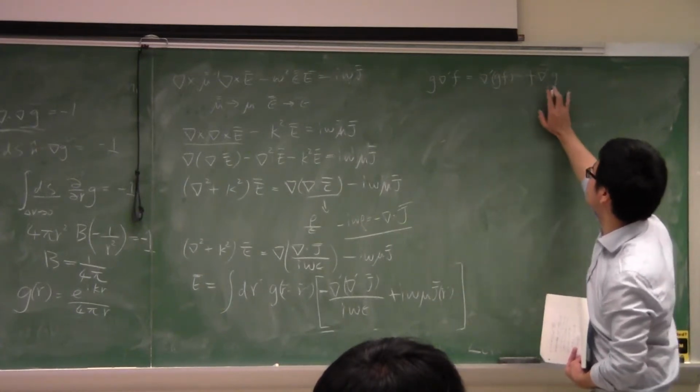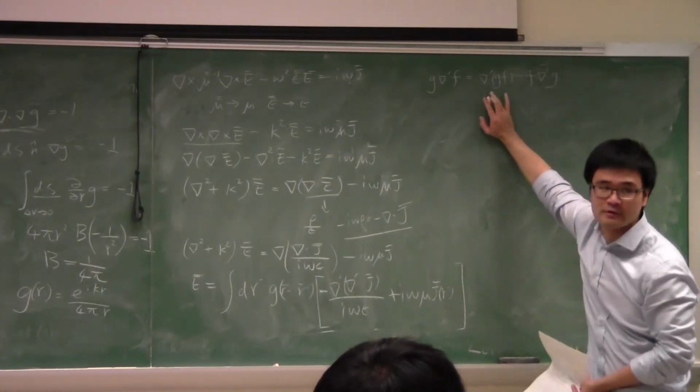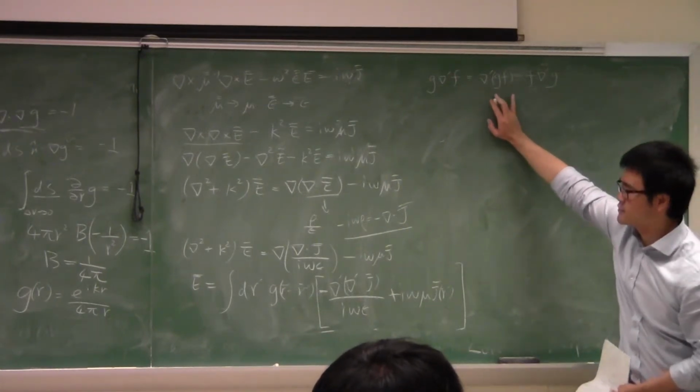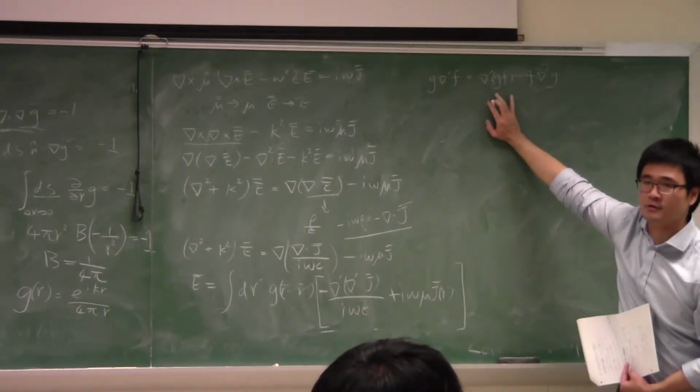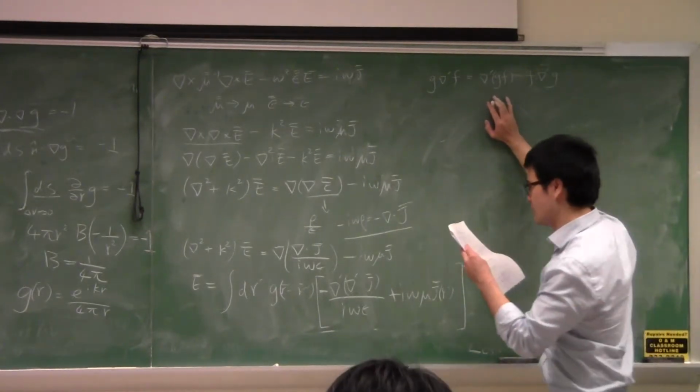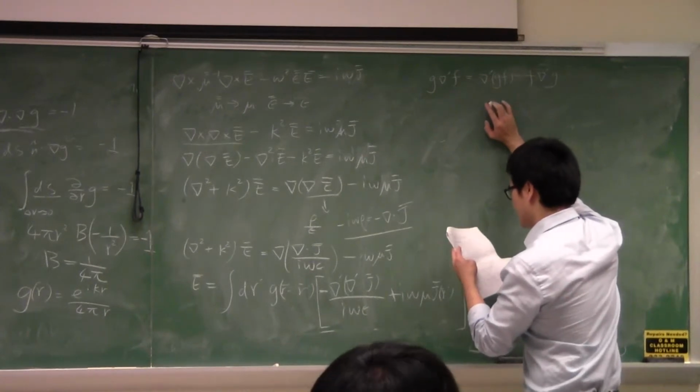I can move the gradient to G. The problem is that here is a gradient. It's not a divergence. So when we integrate this over a volume, we cannot use the Gauss theorem. So here's the problem. So now we have to use a trick here.